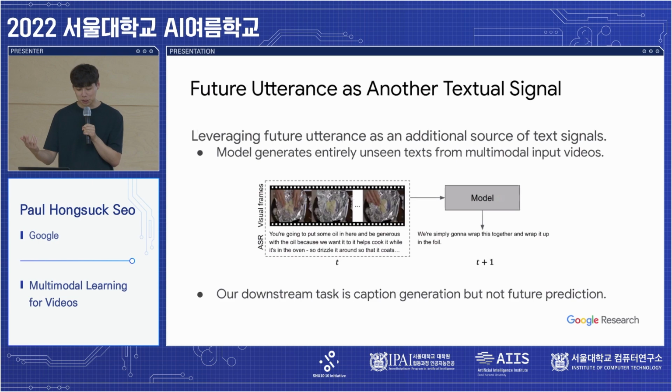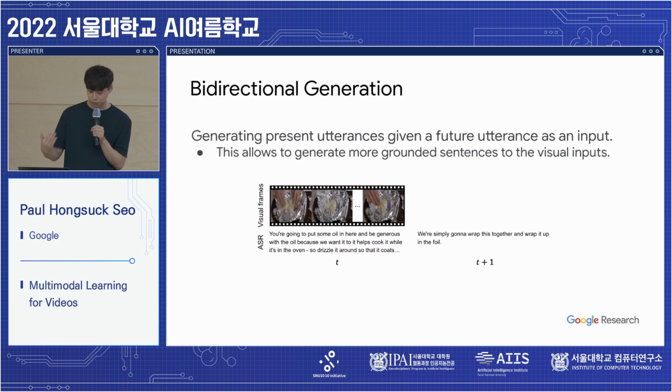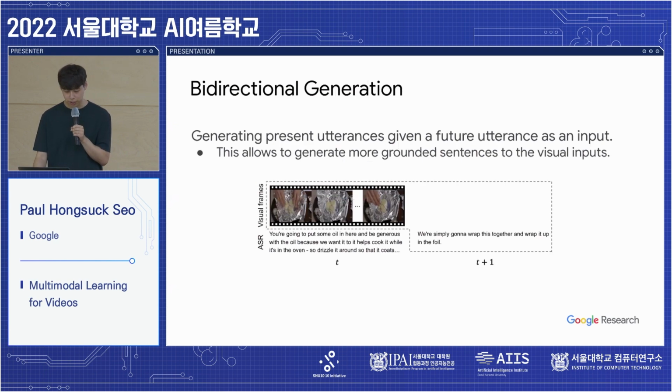But our downstream task is caption generation, not future prediction, and future utterances are known to be less grounded to the input visual frames. So what we also propose is to use bidirectional generation. In addition to the future utterance generation task, which we call forward generation, we also introduced backward generation.